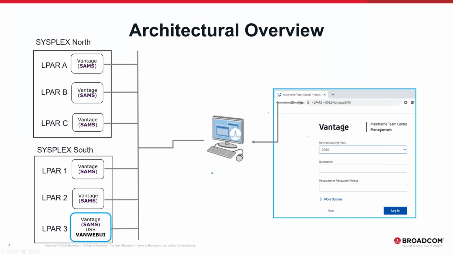As you can see, you have your PC, you bring up a browser, and then there's the logon page. And you add a port up here at the top. This is a TCP/IP port. And as long as you have the TCP/IP access between all your different LPARs, you should be able to connect to all your Vantage systems.